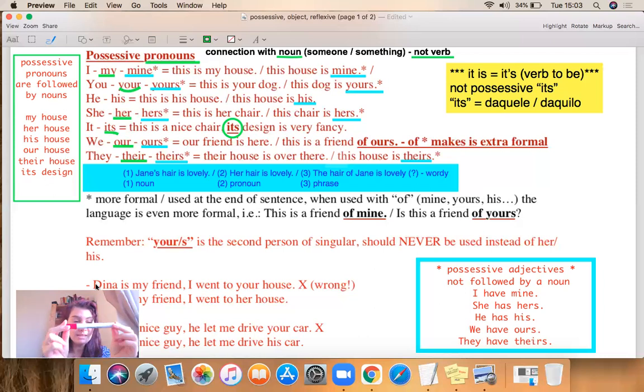So this is a marker and its lid is red. The lid of the marker is red, okay? Its lid is red. So this is our marker. Its lid is red. And its color is red too, right?